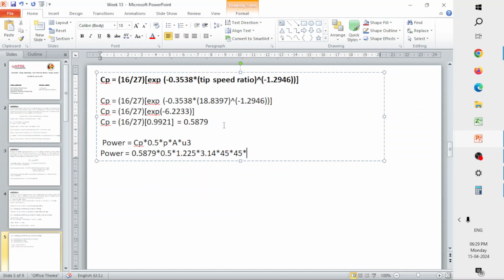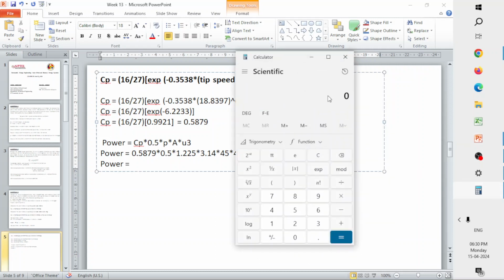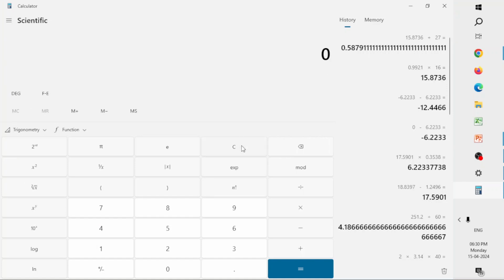U is 10, which we have calculated, so 10 cube is 1000. So if you calculate, then the power will be 0.5879 times 0.5 times density 1.225 times area 3.14 times 45 times 45 into 1000.